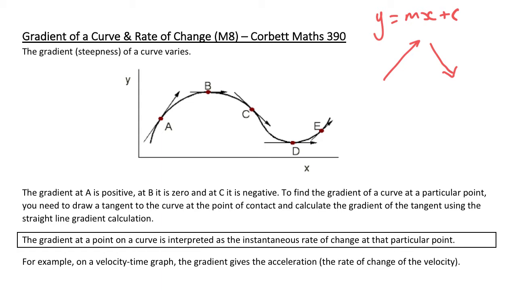And the way we get around that in maths is that we talk about the gradient of the tangent of a curve. So here we've got a curve, and we've drawn on certain tangent lines.